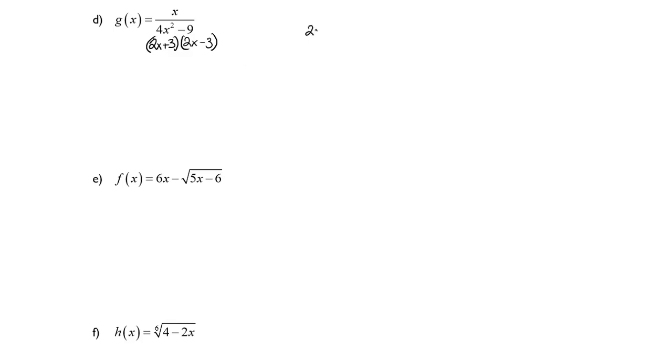If I set 2x plus 3 equal to 0 and solve for x, I'll have 2x equals negative 3 and x equals negative 3 halves. If I set 2x minus 3 equal to 0, I'm going to get x equals 3 halves.